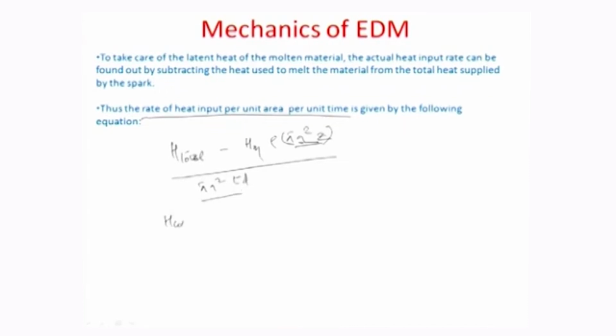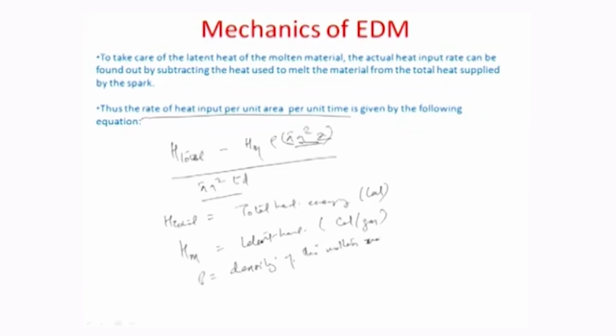So, H total here is actually the total heat energy in calories. We have already defined this in our earlier assumption, and Hm is the latent heat in calorie per gram, rho is the density of the molten material, and of course 2a is the crater diameter.